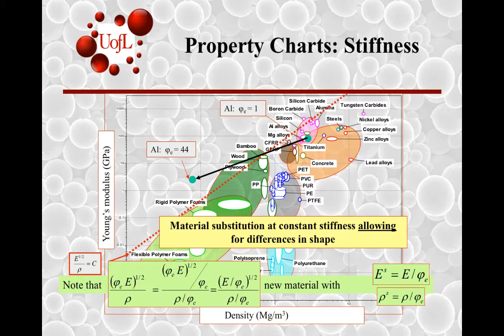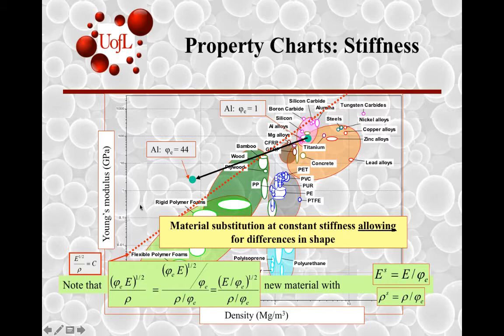So for instance, you could take aluminum, and if you go to this new form of aluminum where you divide the modulus by 44 and you divide the density by 44 as well, you will get a new material that was in this region that is not represented by any material in the original E versus rho plot. And this new material would have an effective modulus of E over phi, where phi is a shape efficiency factor, and an effective density of rho over phi.